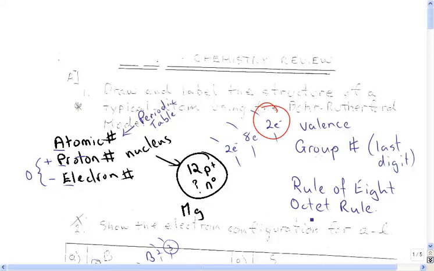And what this means, for reasons that you don't need to know for this course, if you explore chemistry a little bit further later on you may learn it, is that this outer energy level, when it combines, will either completely fill up to be 8. So we add electrons to make 8 valence electrons in the outer shell.